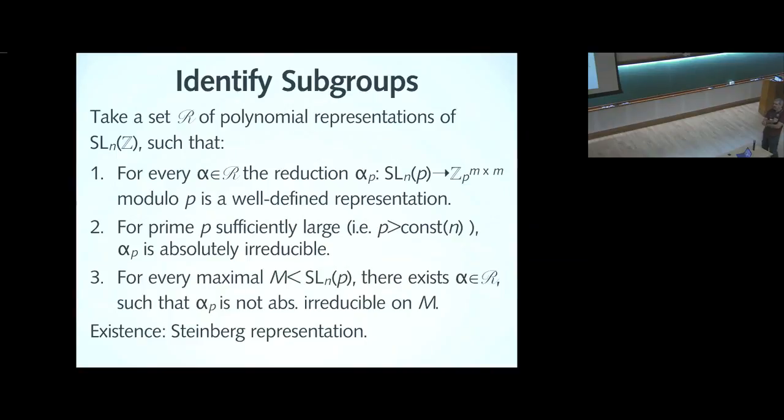No. So I have a group which is dense. So modulo almost all primes, the image is SLNP. Now I go through representations. Let's start with my group G, the group given in characteristic 0 by Z matrices.